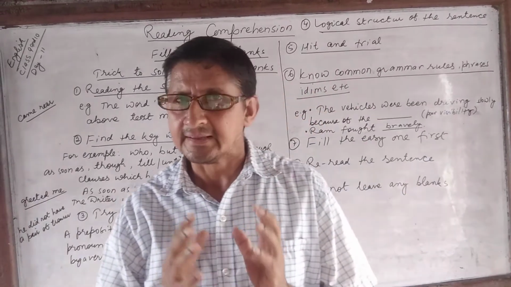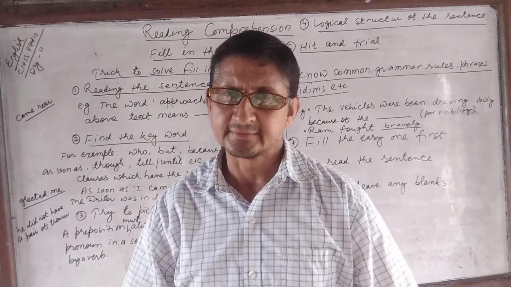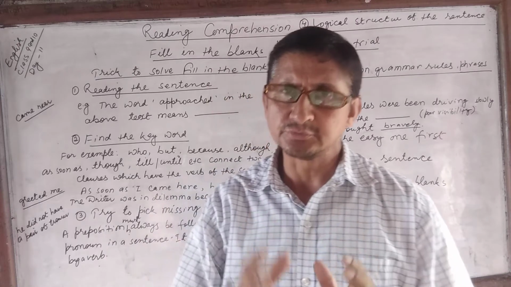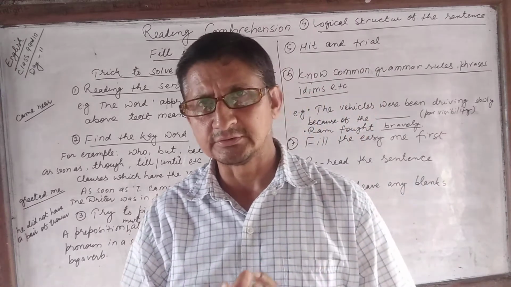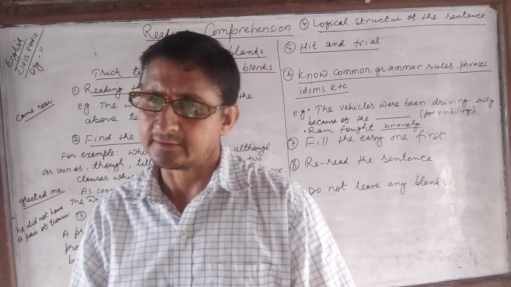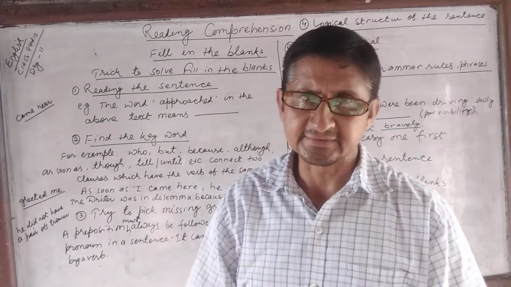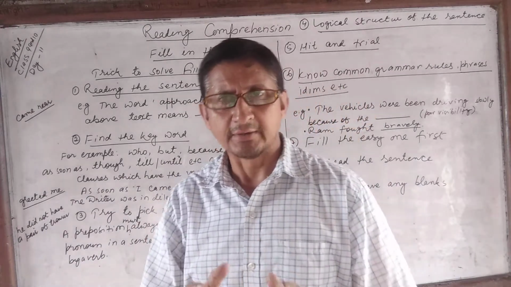So for this there are some tricks. You have to follow the tricks and do the activities. If you follow the tips and do the activities, you can write the correct answer. Let's discuss the tricks one by one.